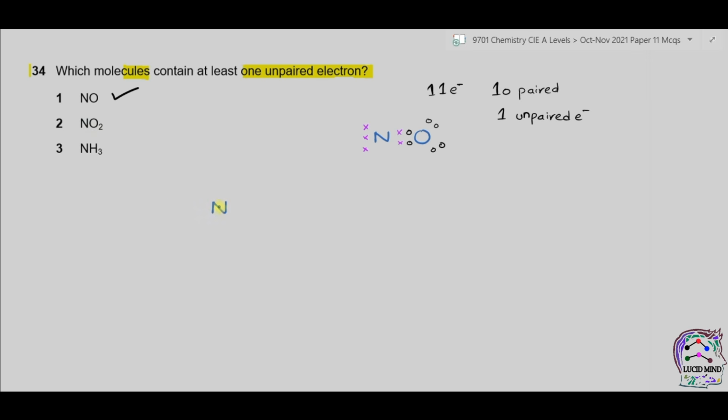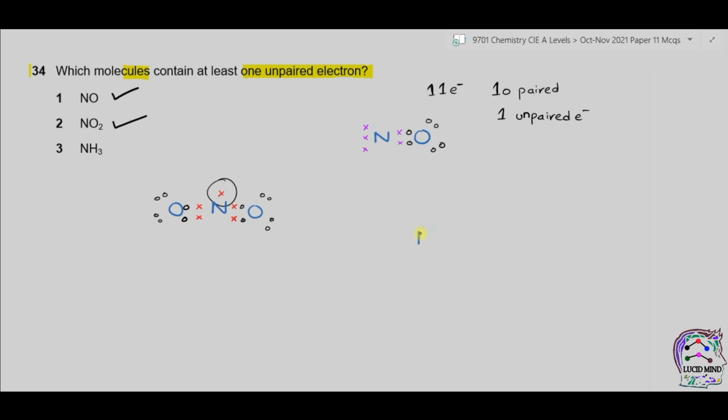Again nitrogen has 5 electrons in the outermost shell, oxygen has 6 electrons. These are the electrons of nitrogen. These are the electrons of oxygen. All electrons are paired except this one, so therefore there is one unpaired electron that is left, so this is also true. Third one is ammonia.